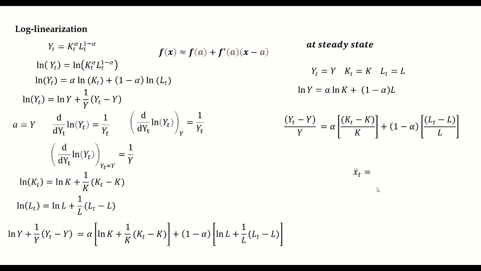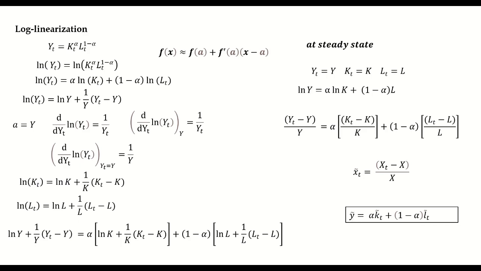If I just represent those percentage deviations with a small letter and this tilde sign, which you're going to see a lot in macro courses, I can write this equation in this form, where the percentage deviation in variable y tilde t, so there has to be a small t over here.